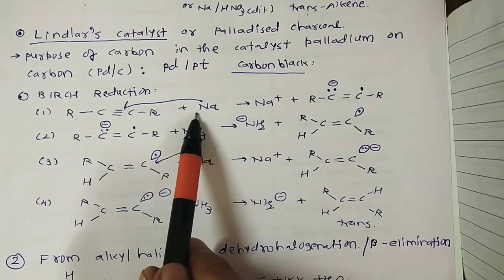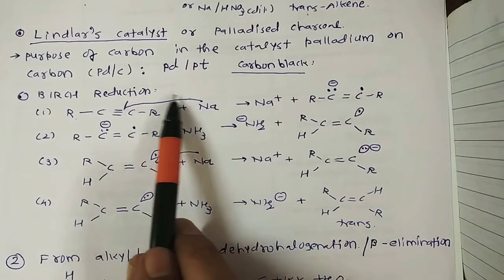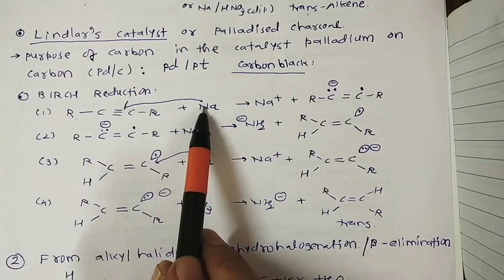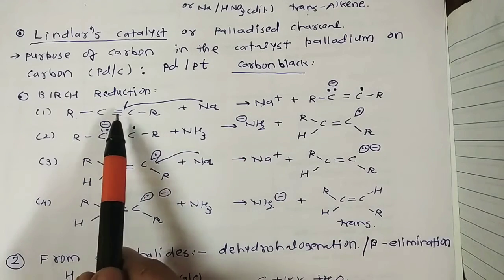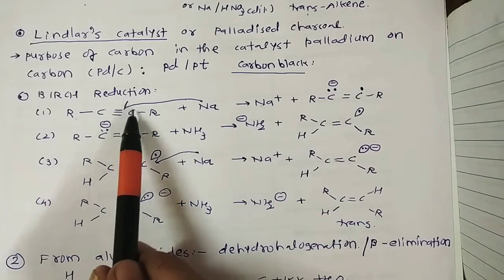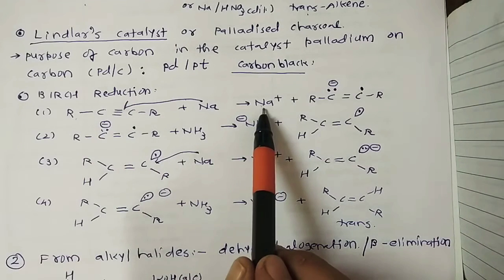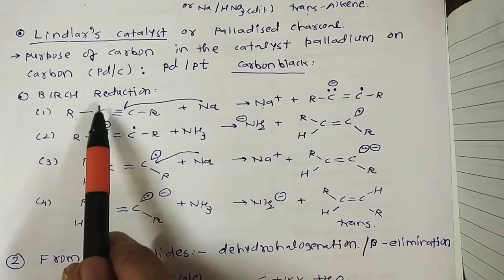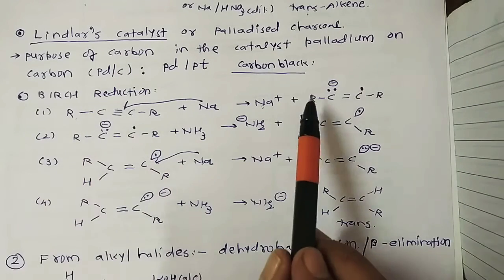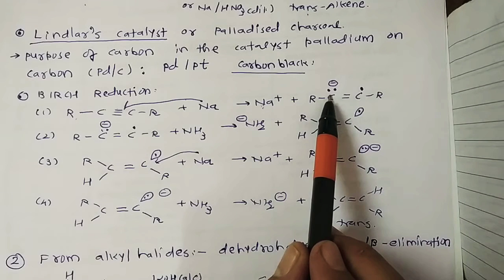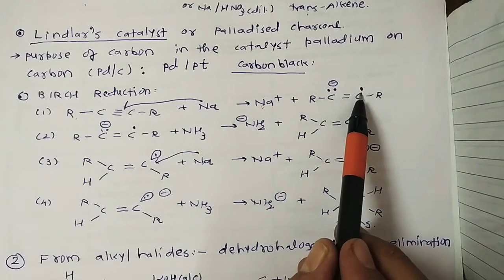Sodium has a nature to lose an electron, so it gives the electron and is converted into Na+. The pi bond electrons shift toward one carbon, so it becomes a carbanion.